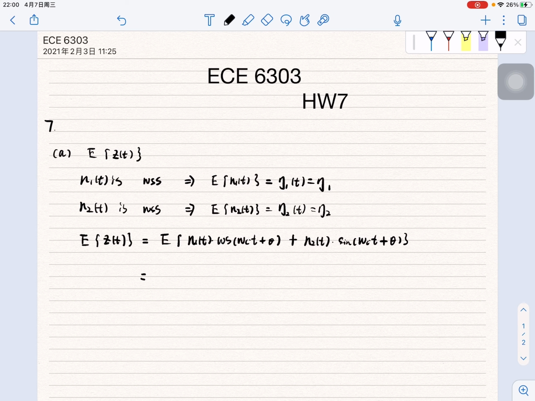Now we calculate this. It equals the expectation of n1 multiplied by cosine omega c t plus theta, plus the expectation of n2(t) sine omega c t plus theta.